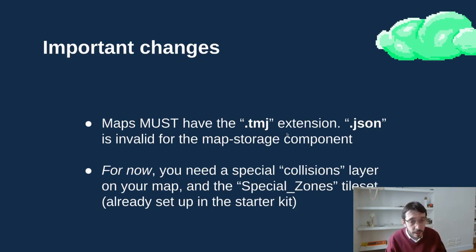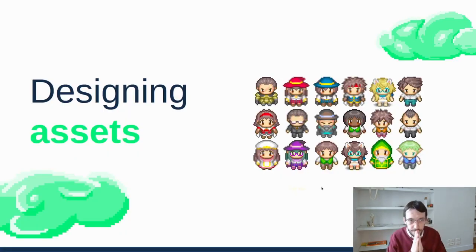Also, for now, you will need a special collisions layer and a special zone tile set. This is very temporary. It's a constraint that will be removed in the next few days or weeks. A quick note about designing assets.